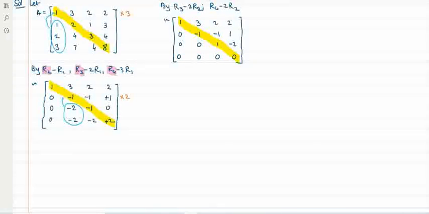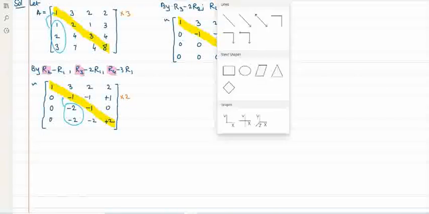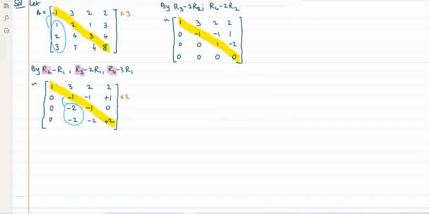Or what we have to do next? Just quickly, Shivam Zazu. R2 divided by -1.